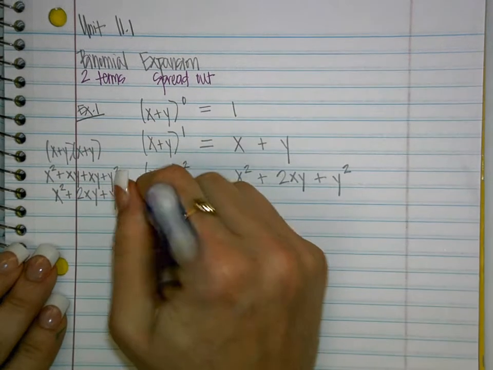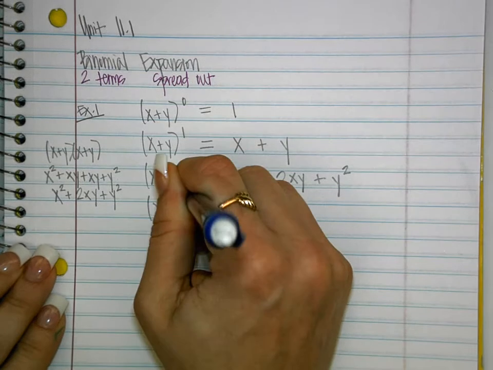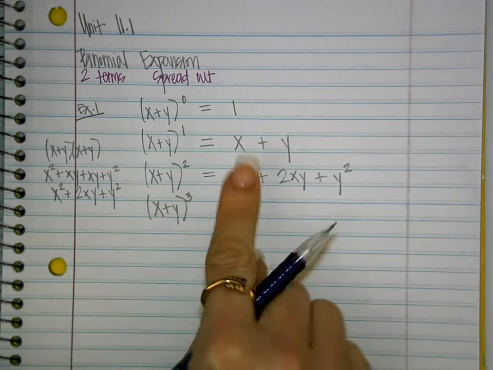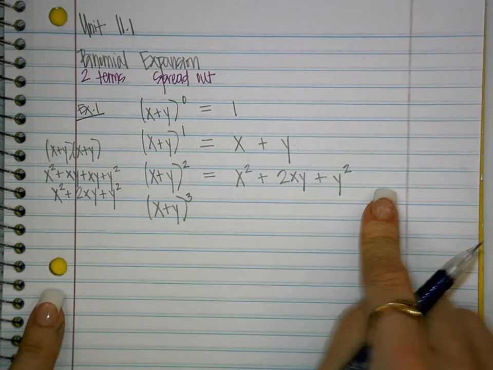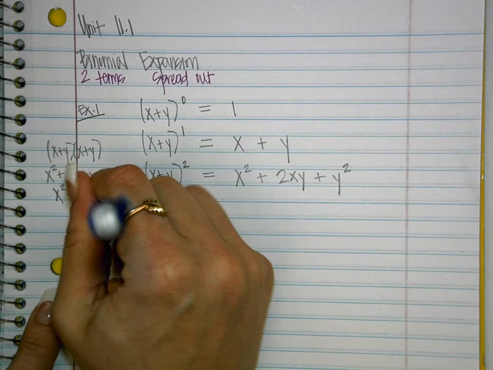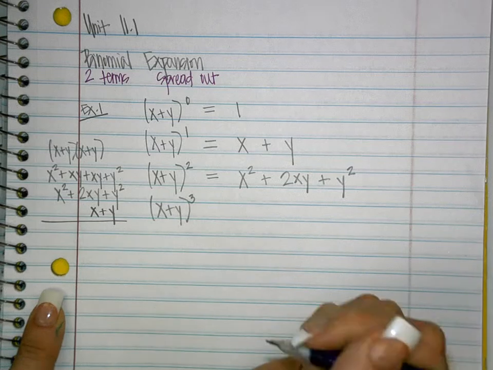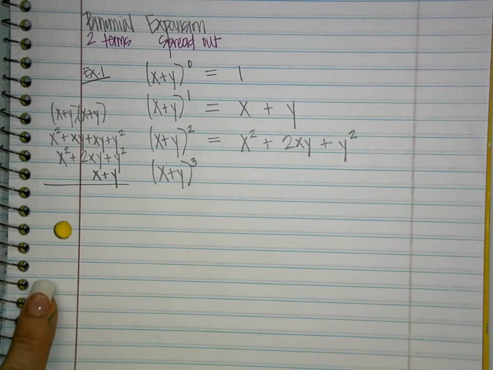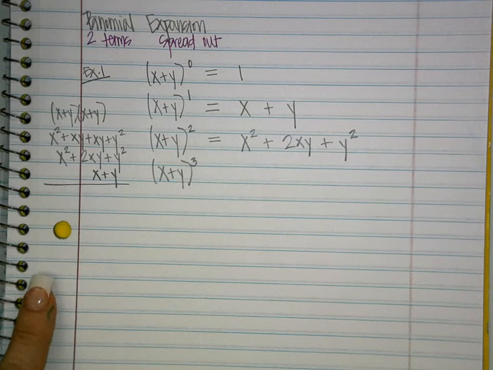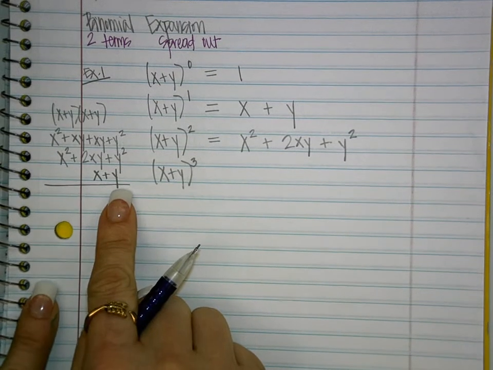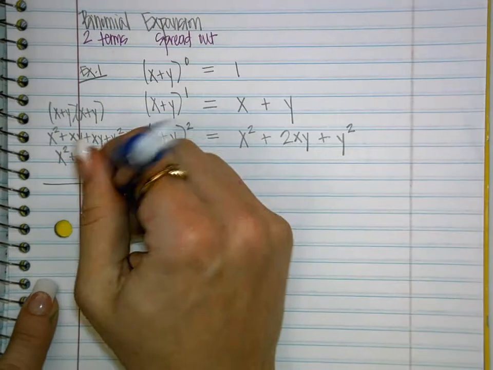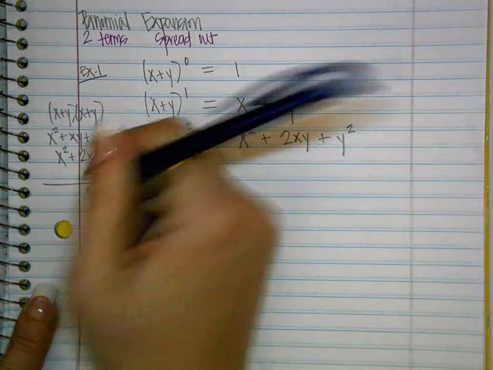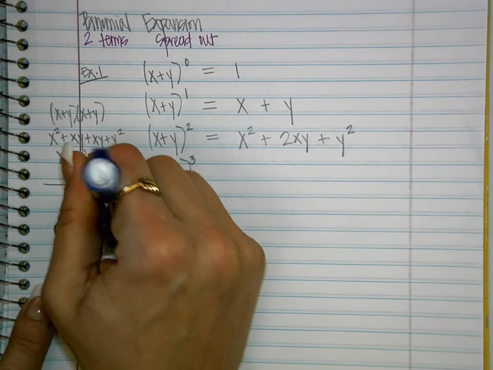Now, what if I asked you to expand x plus y to the third power? What would you have to do? We would have to take this whole thing and multiply by another x plus y. The easiest way to do this is usually by old school multiplication. You could use the boxes, you could use the rainbows, however you choose. Old school multiplication would be you multiply y times y squared, which gives you y cubed. Y times 2xy gives you plus 2xy squared.